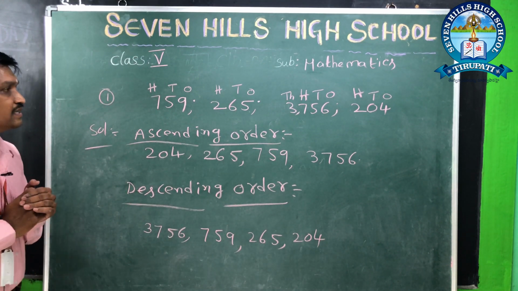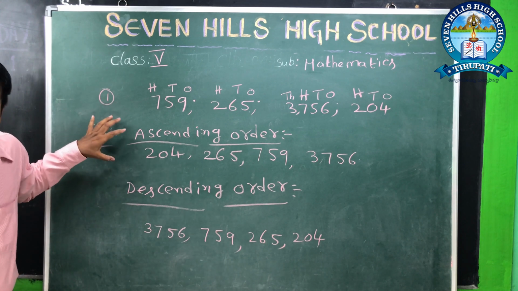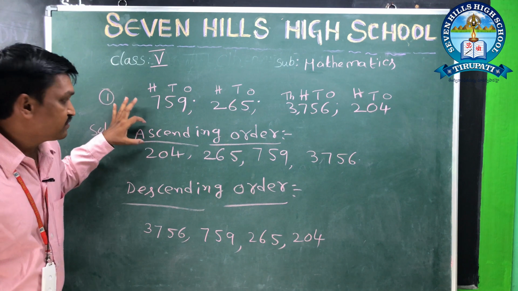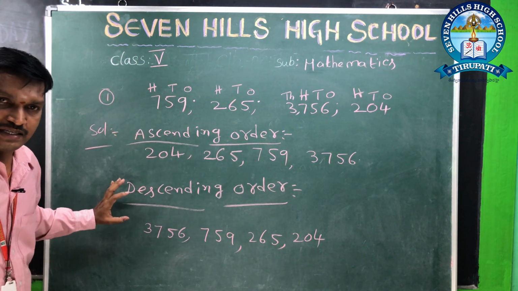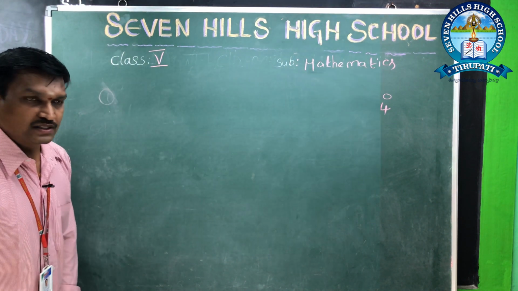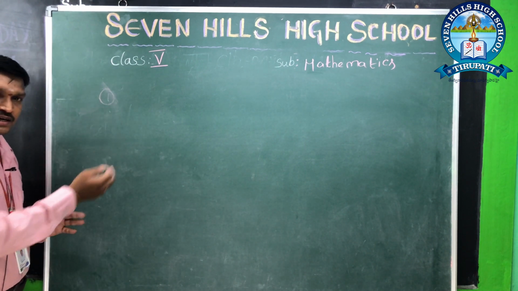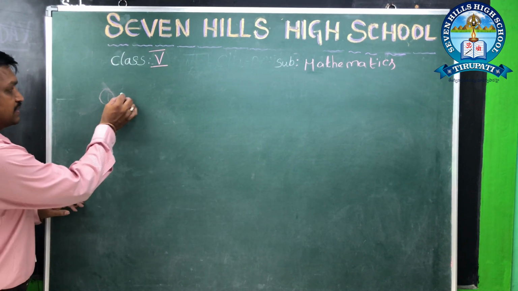So this is the process for ascending order and descending order. Now students, let us move on to another example for ascending and descending orders.